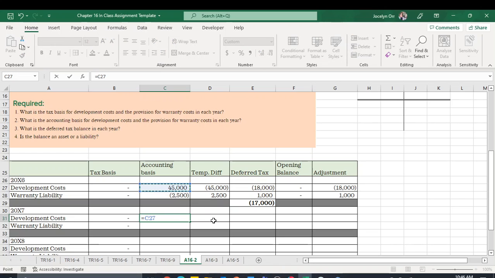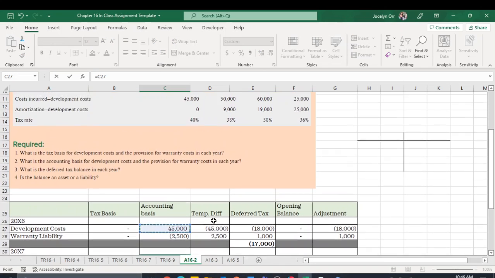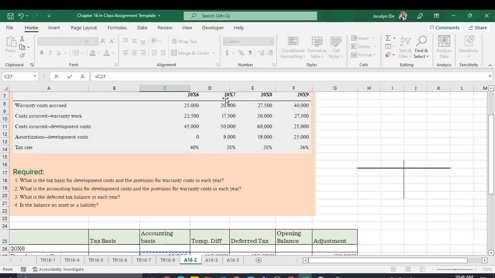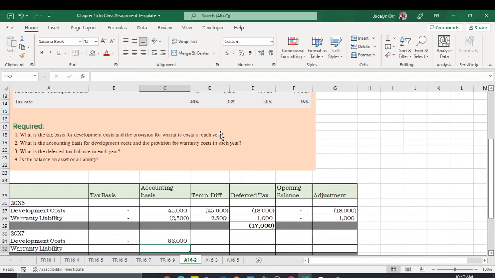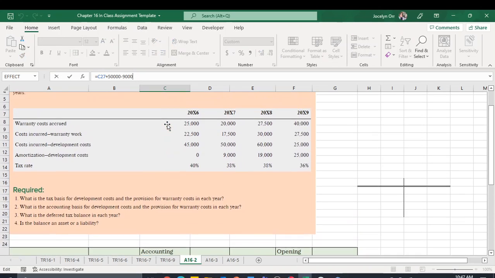So our accounting basis was $45,000. In 20X7, we incurred another $50,000, but we amortized $9,000 of that, which is going to give me a balance of $86,000. Okay, so again, that was my previous balance.